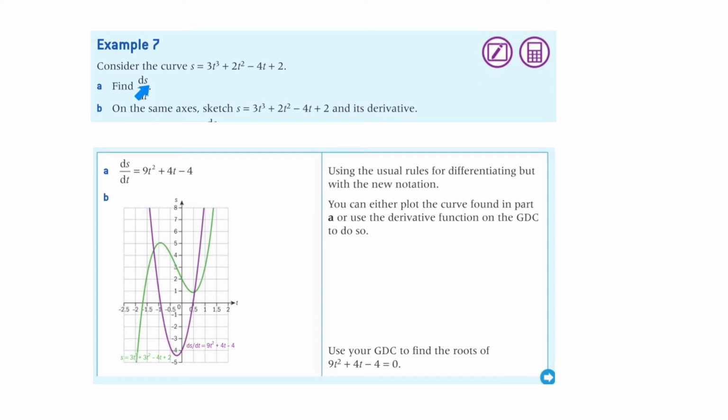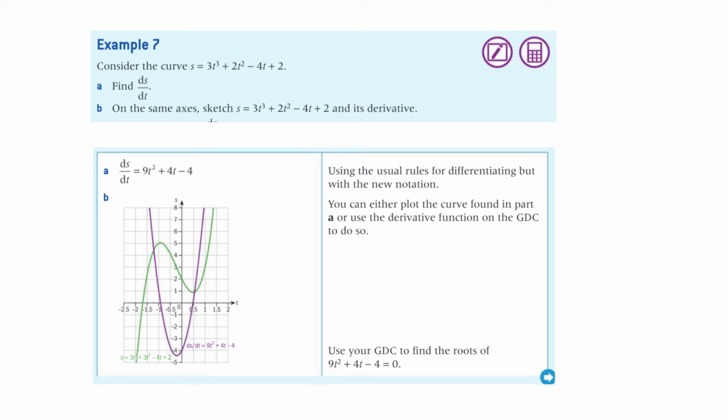Find the derivative. Well, we've done that many times before. There's the answer there. It says use the usual rules for differentiation, but with the new notation. The new notation, they'd like you to use ds/dt rather than what we saw previously where we had the dash.